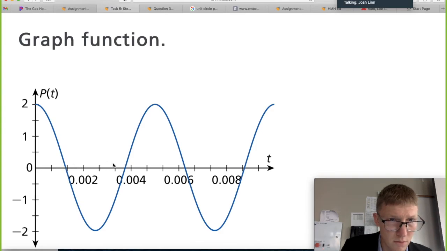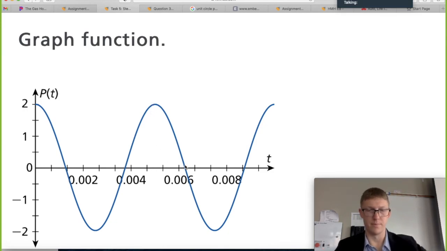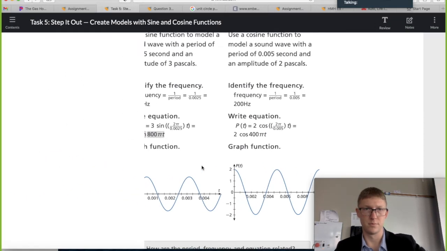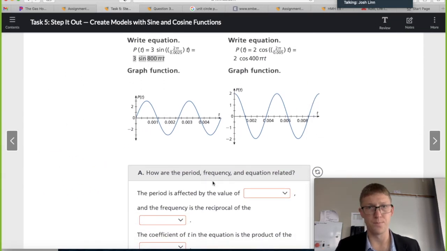And then 1, 2, 3 is 4. And 1, 2, 3 is 6. So 5, I think, would be right here, directly in between 4 and 6. So there you go.